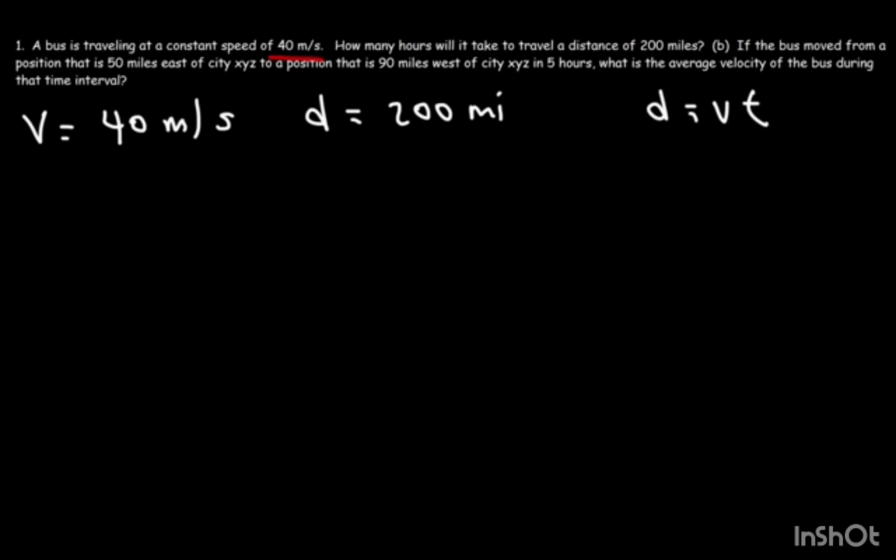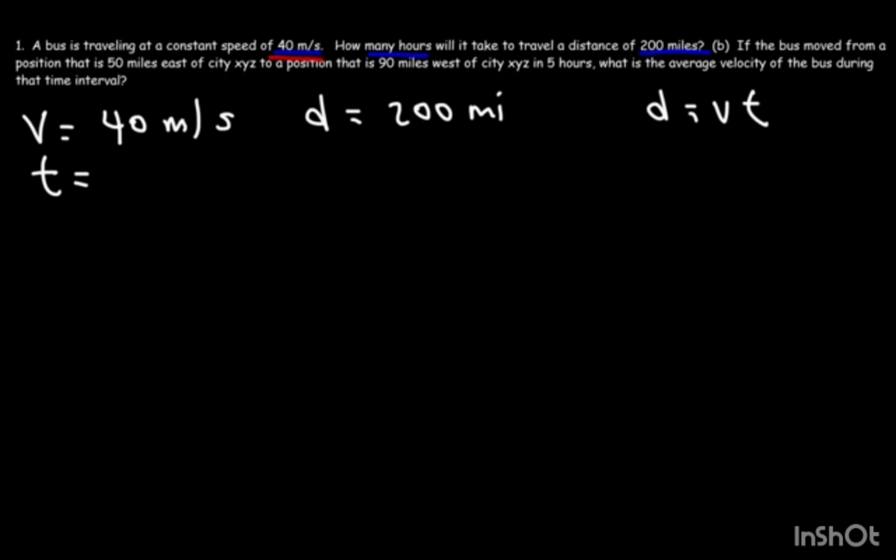Now, before we use that formula, we need to take a look at the units. Here we have meters per second, and here we have miles. And we want to find a time in hours. So we're looking for T. The units, they don't match. So before we could use the formula, we need to convert the units into an appropriate form.